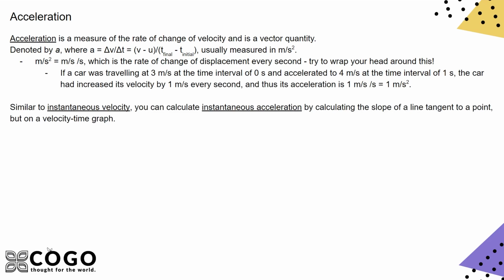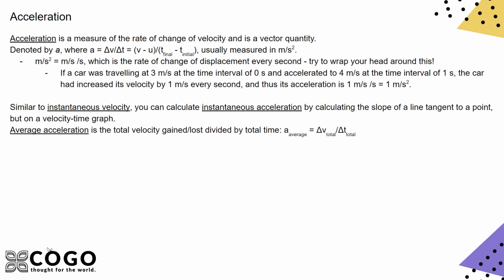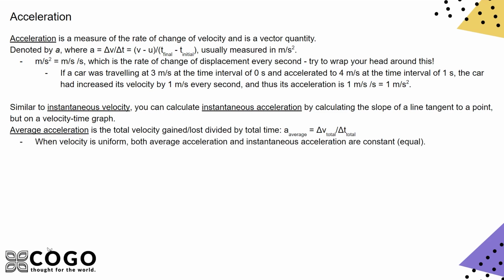Similar to instantaneous velocity, you can calculate instantaneous acceleration by calculating the slope of a line tangent to a point, but on a velocity-time graph. Average acceleration is the total velocity gained or lost divided by total time. When acceleration is uniform, both average acceleration and instantaneous acceleration are constant and equivalent.